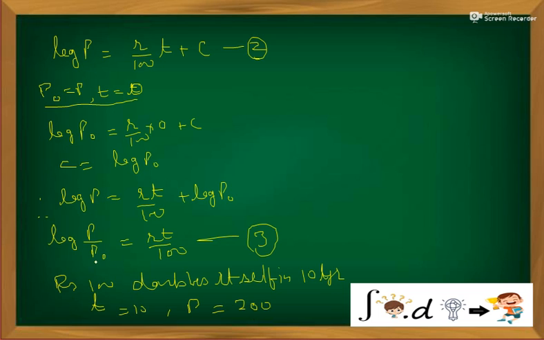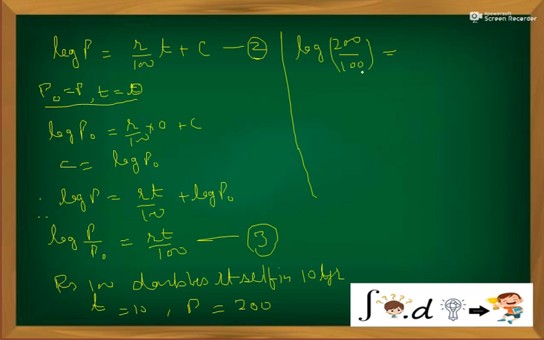And now substitute the values in number 3 and therefore it becomes log of 200 by 100, because earlier how much did we have? It was 100 when time was 0, that is P naught at T equal to 0 is 100, and now in T equal to 10 years it becomes 200.